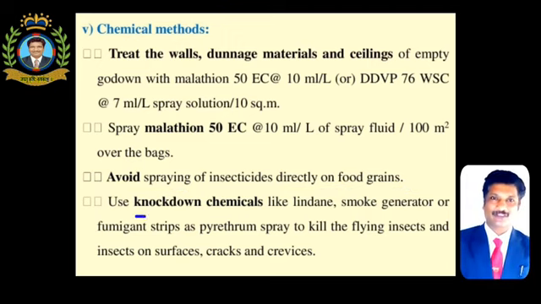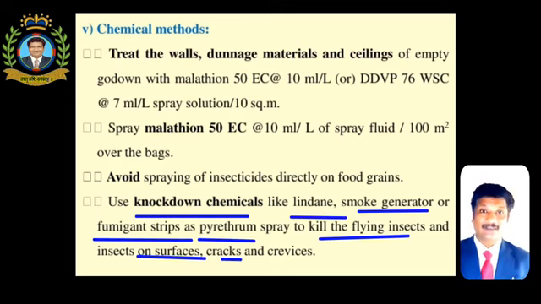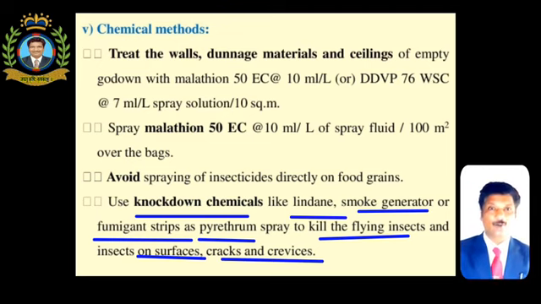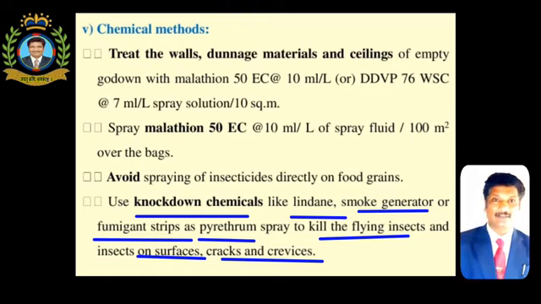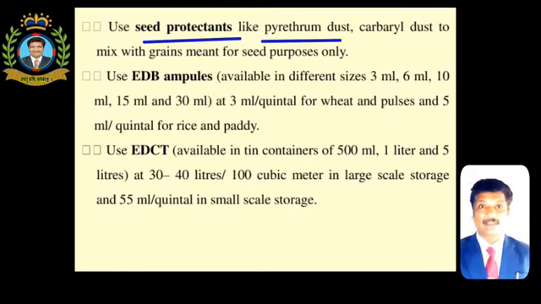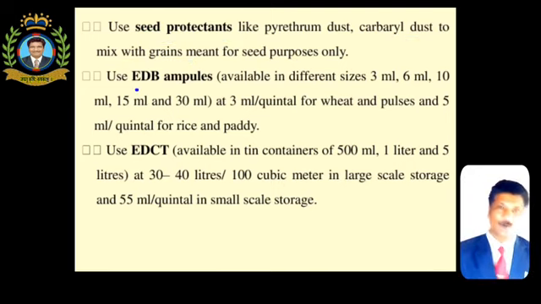Use mostly knockdown chemicals such as lindane, smoke generators or fumigants along with strips or pyrethrum sprays to kill the insects from the surfaces, cracks and crevices of the storehouses. Try to use seed protectors such as pyrethrum dust or carbaryl dust, mixed with the grains to prevent the attack.